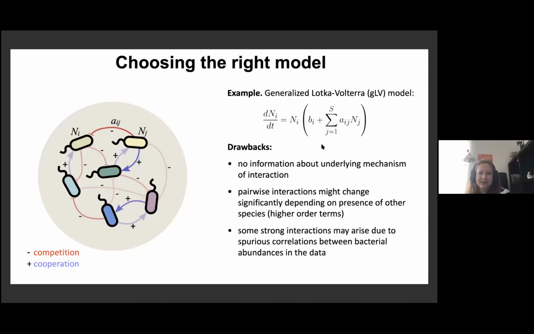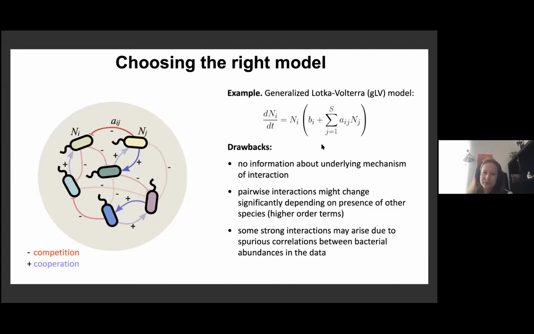In Lotka-Volterra, you have a term that basically describes how different species affect each other's growth. It can be a positive effect or a negative effect; negative is called competition, positive is called cooperation. You can infer all those things from the data you collect in the lab, and then hopefully you can predict community dynamics.